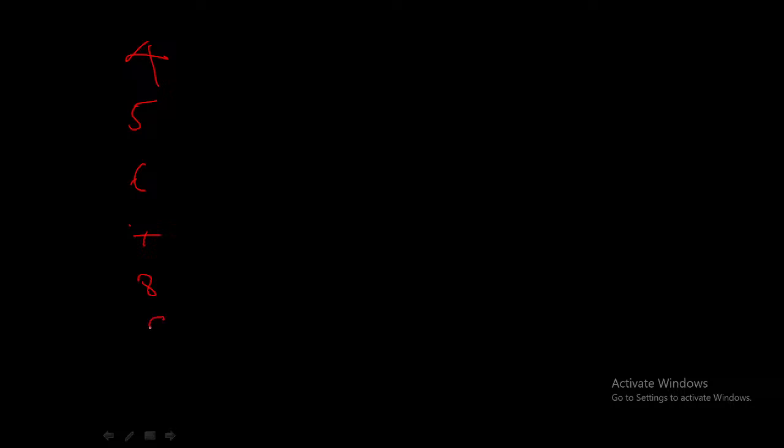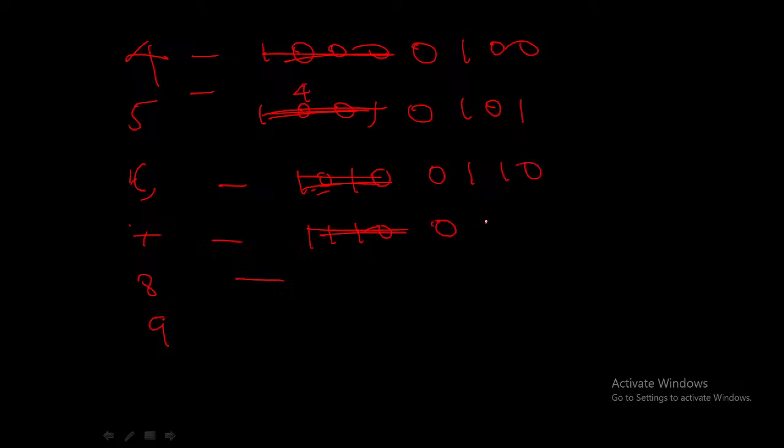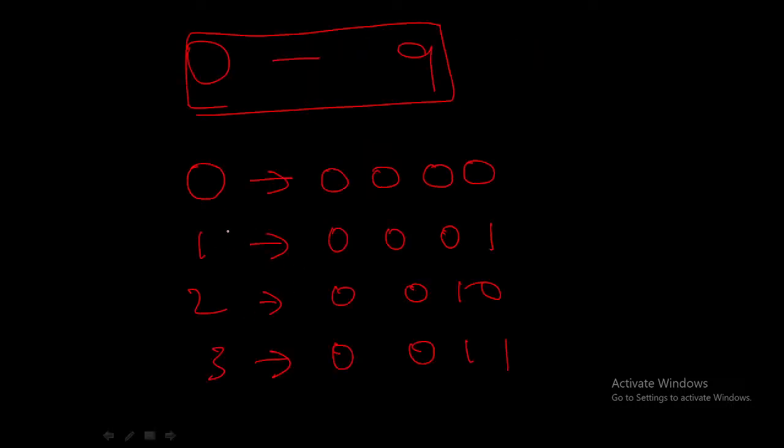4 is 0100, 5 is 0101, 6 is 0110, 7 is 0111, 8 is 1000, and 9 is 1001. Sorry, I said some of these wrongly earlier. So these are the BCD representations.